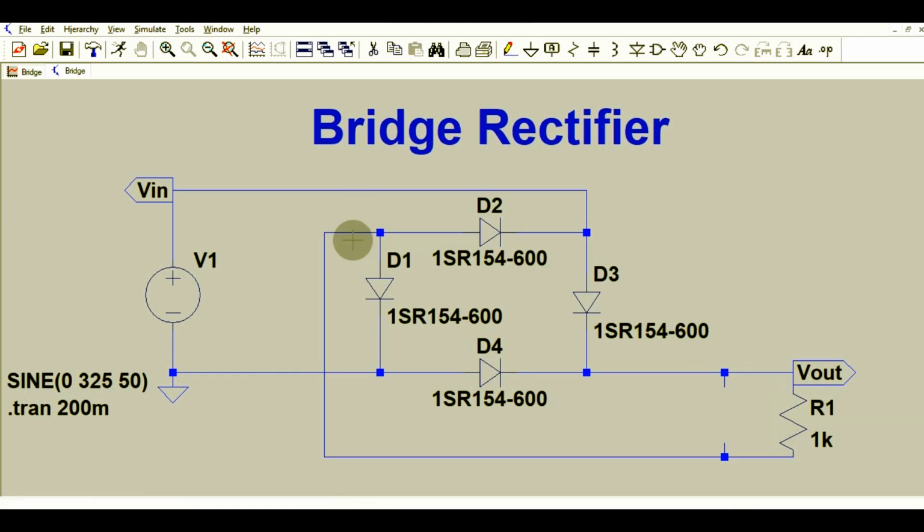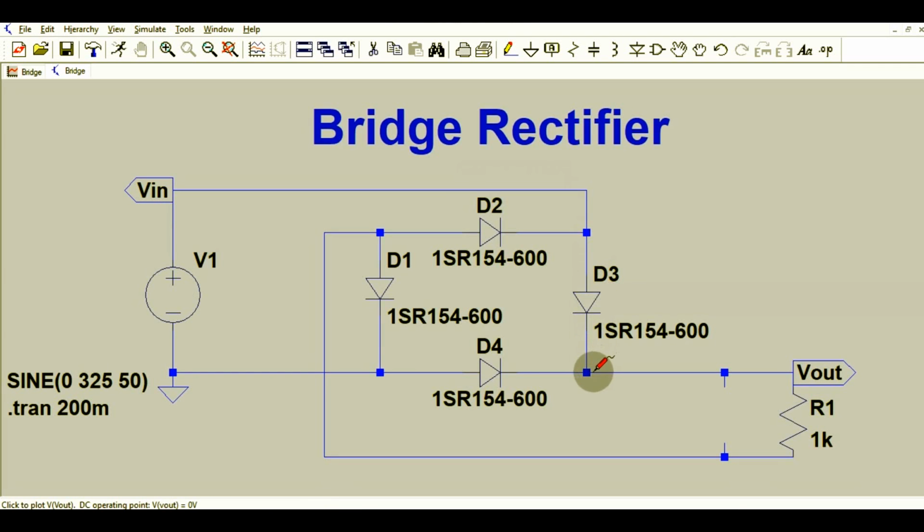Okay, so let us understand the circuit first. The sine pulse is 50 hertz sine pulse. So there is a positive peak voltage and negative peak voltage. So the positive half cycle, that means for 10 millisecond, for the positive half cycle, from here to here to here, the diode D3 becomes forward bias.